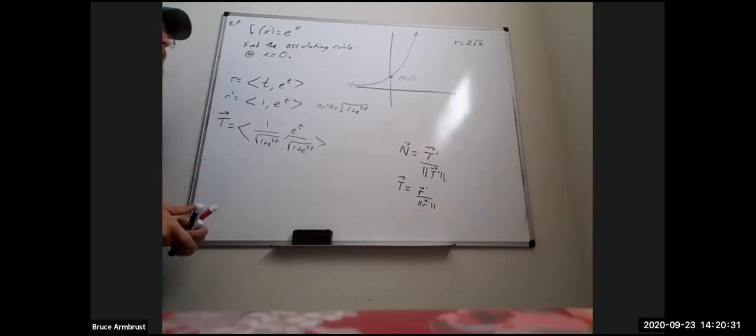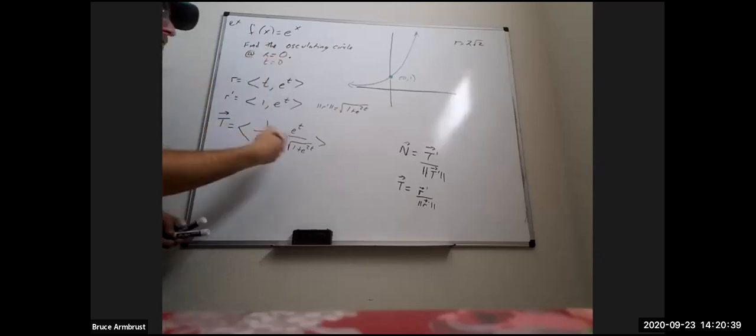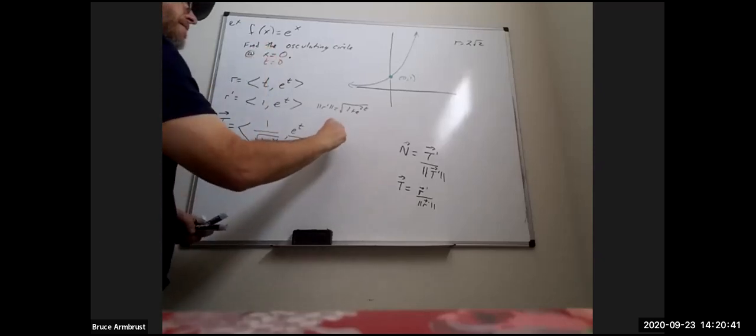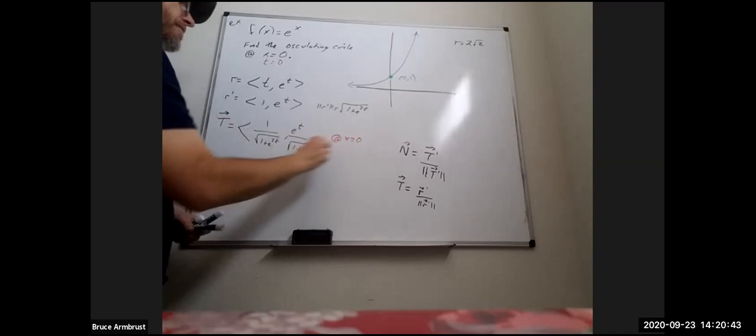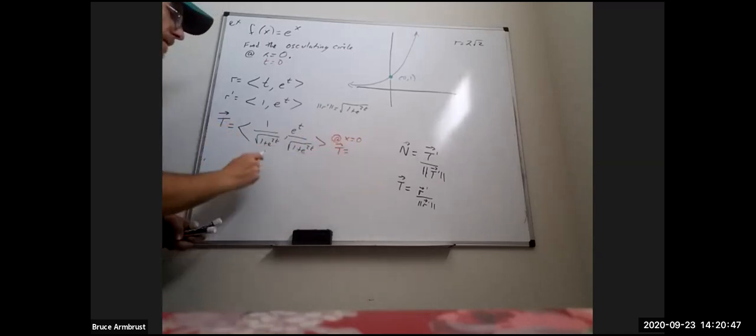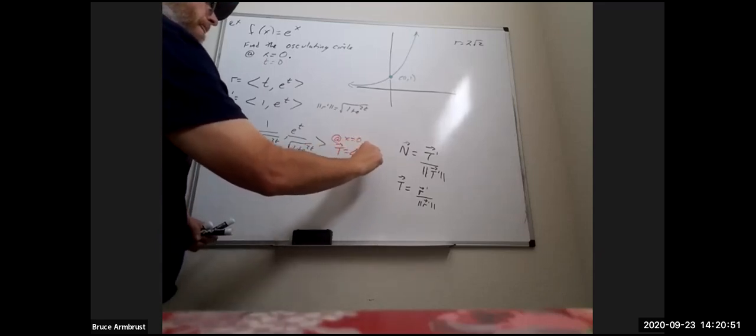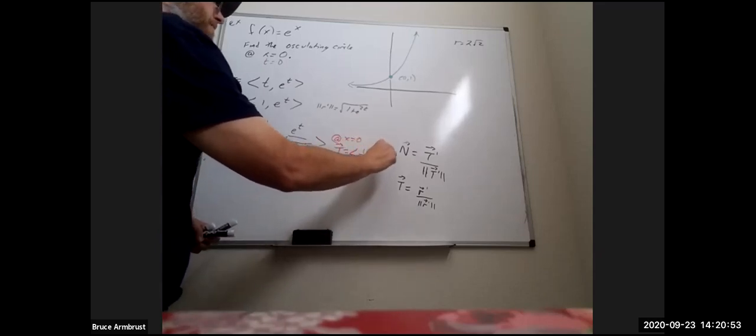Before we find N, let's just look and see what this is when x is equal to 0. Because if x and t are the same thing now, x equals 0 is the same as t equals 0. So at x equals 0, this tangent vector is going to be 1 over root 2, comma, 1 over root 2.